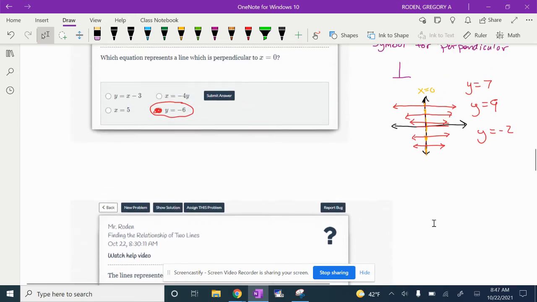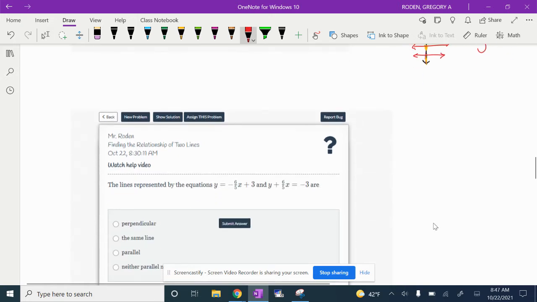Oh, now one other thing I want to say while we were talking about perpendicular. Here's a fact, and write this down. Here's a fact about perpendicular slopes. We'll put it in a conditional statement.